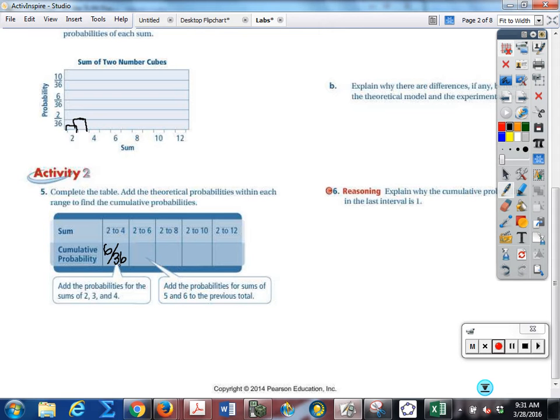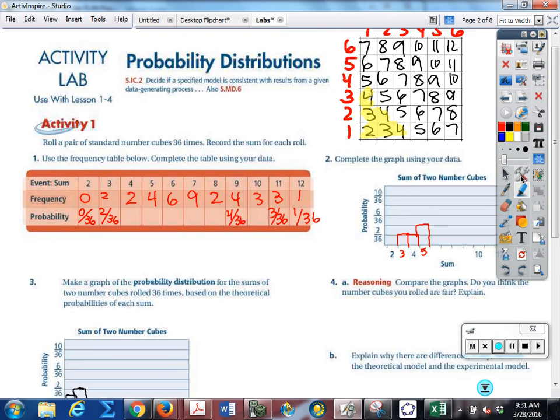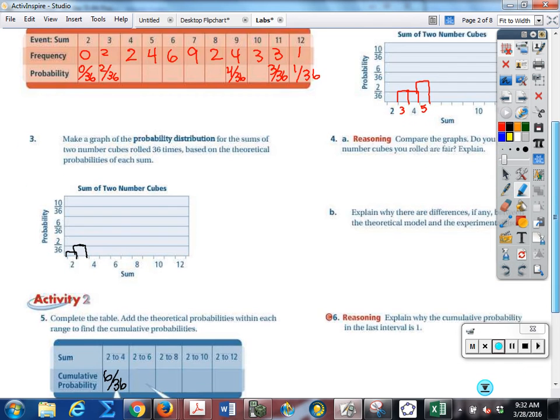So there's a probability of 6 out of 36 that I rolled either a 2, 3, or 4. And then when you want to roll a 2 to a 6, then you have to also include in these numbers. So you want to add up how many there are now. So you have to add up all of these and put it over 36. And then it says the probability of rolling anywhere from a 2 to an 8.